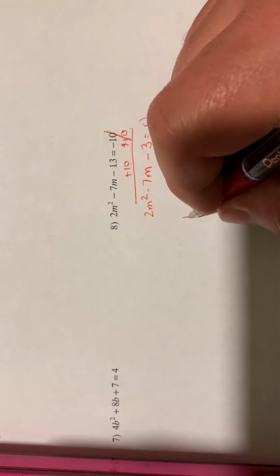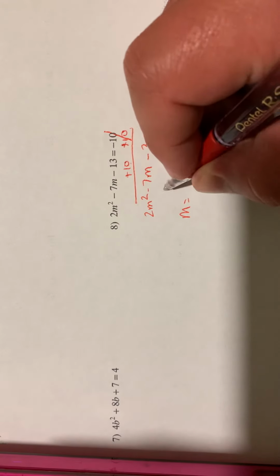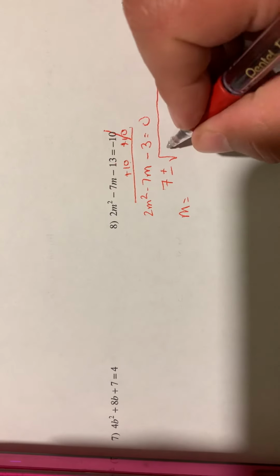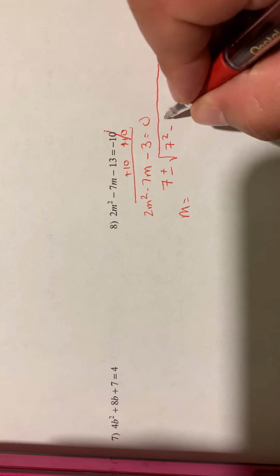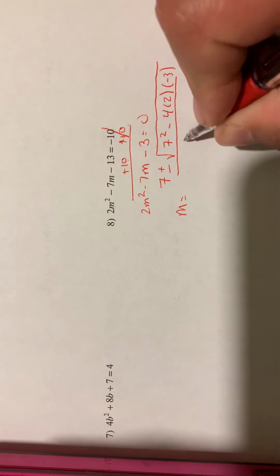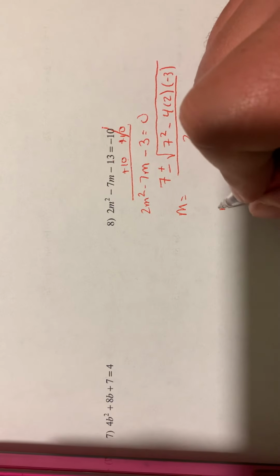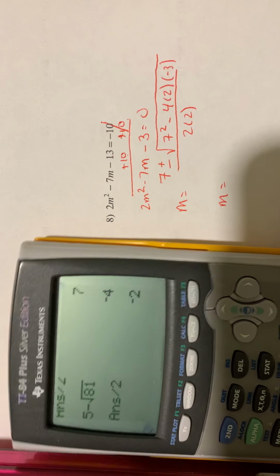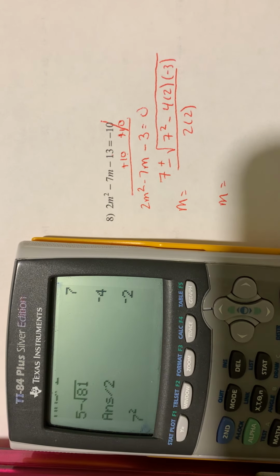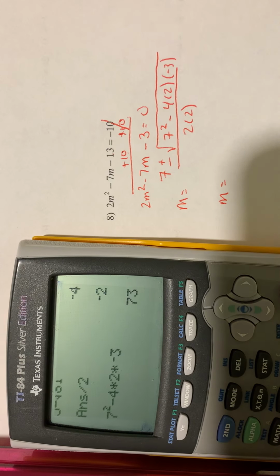All right. m equals negative b, so positive 7, plus or minus the square root of b squared minus 4 times a times c, all over 2 times a. Leave the calculator there for the rest of the problem. 7 squared minus 4 times 2 times negative 3, and I get 73.